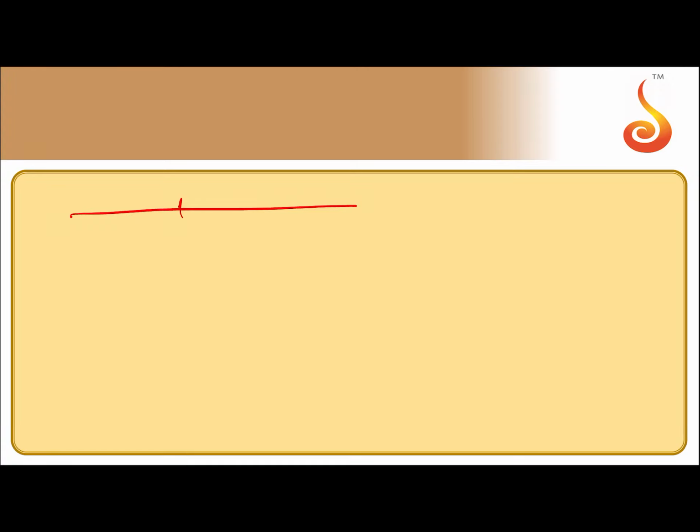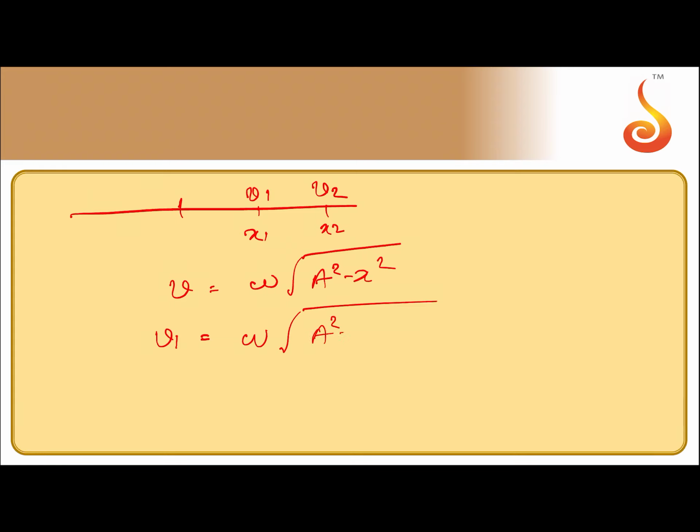Something like this, x1 v1 and x2 v2. Now how do we relate them? You know that v is given by omega root a square minus x square. So v1 is equal to omega root a square minus x1 square, and v2 is equal to omega root a square minus x2 square.